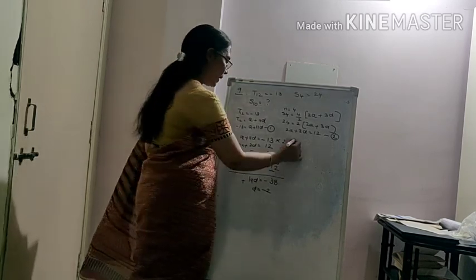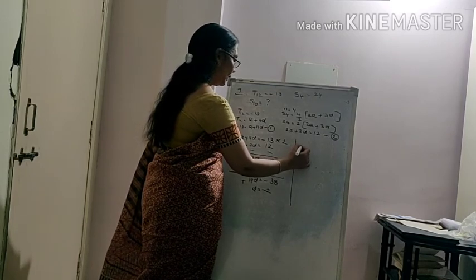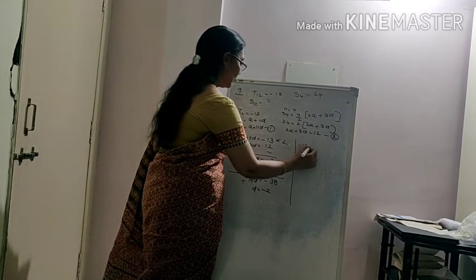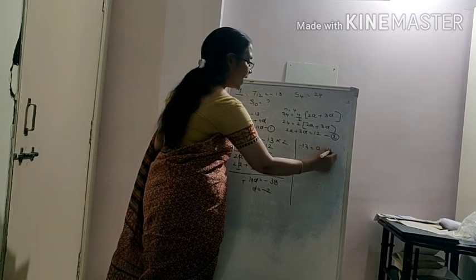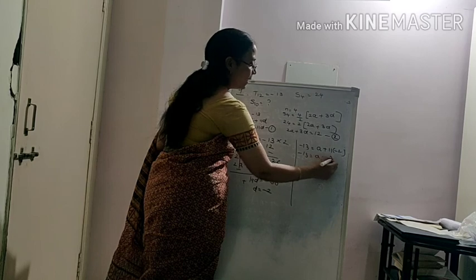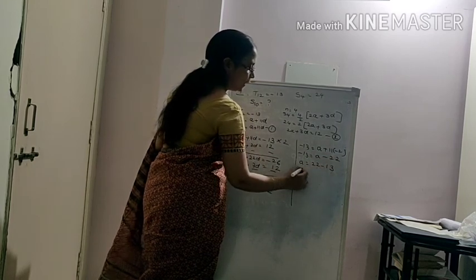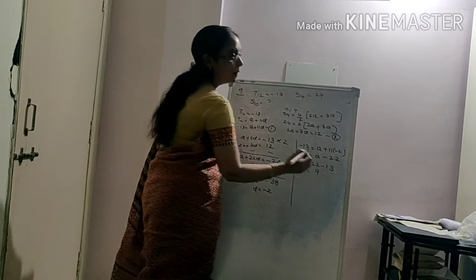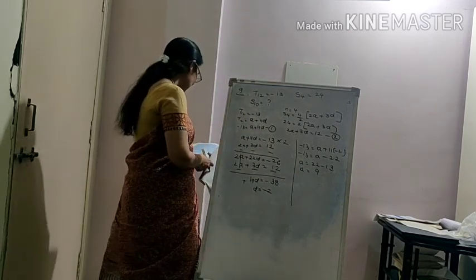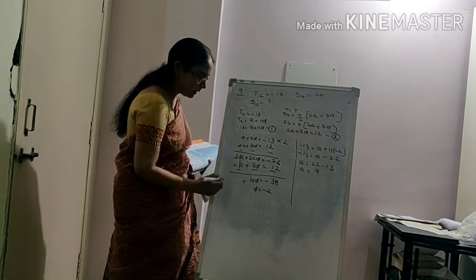If D is minus 2, A will become: minus 13 is equal to A plus 11 into minus 2. A plus minus 22. A is equal to 22 minus 13, 9. Therefore, A is 9 and he is asking us to find out the sum of the first 10 terms.